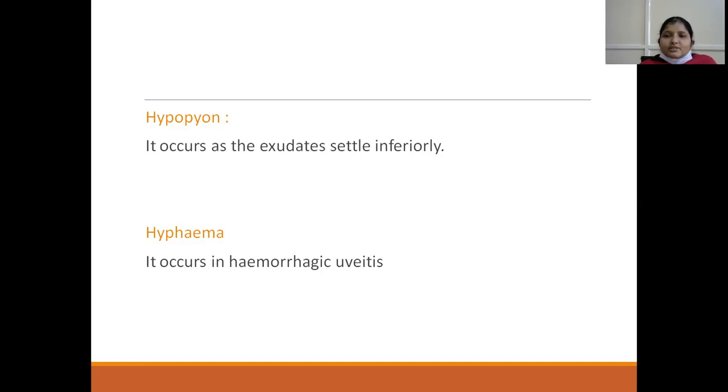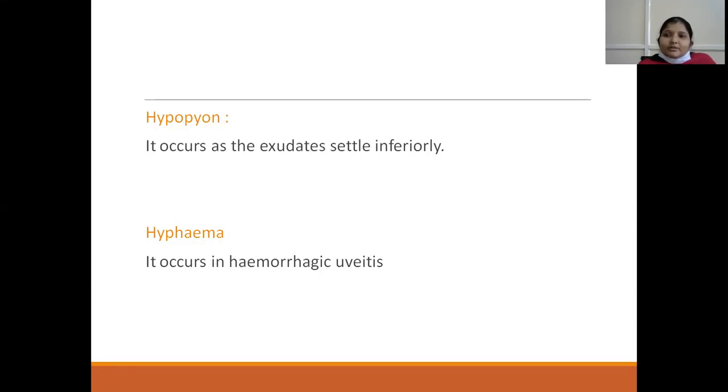Whereas in Behçet's disease, there is a shifting hypopyon, which is very thin and has less fibrin. When we shift the head to one side, the hypopyon shifts under the influence of gravity. So this is called shifting hypopyon or white hypopyon.